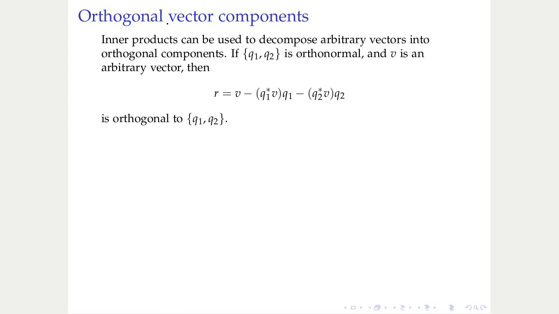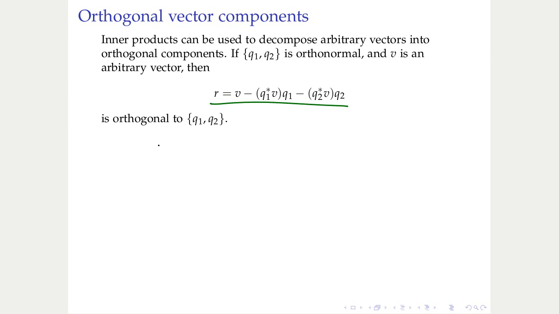To make this a little bit more concrete, if we've got two vectors q1 and q2 that are orthonormal, remember that means they're orthogonal to each other and the length of q1 and the length of q2 are both equal to 1, and we've got some other vector v which is completely arbitrary, then using this formula that I've written down here, we can produce this other vector r which is orthogonal to q1 and q2.